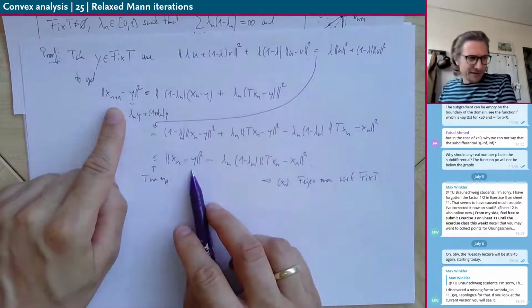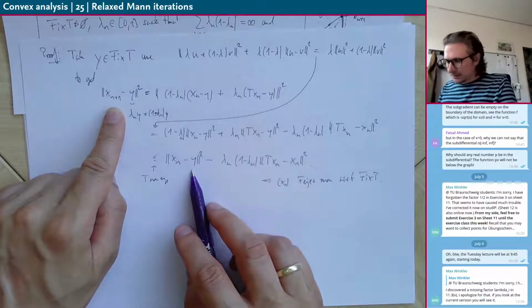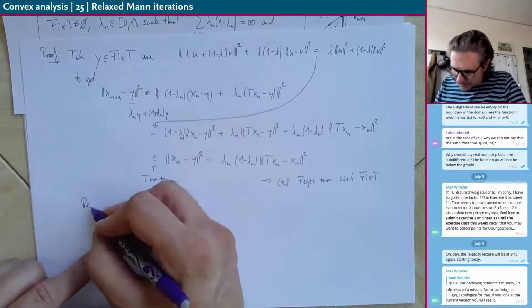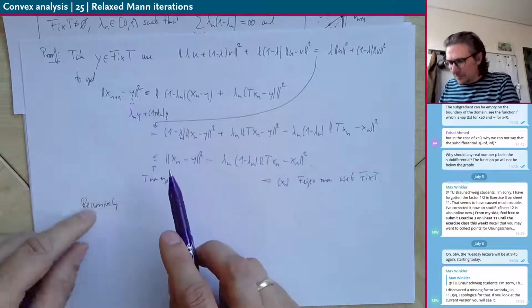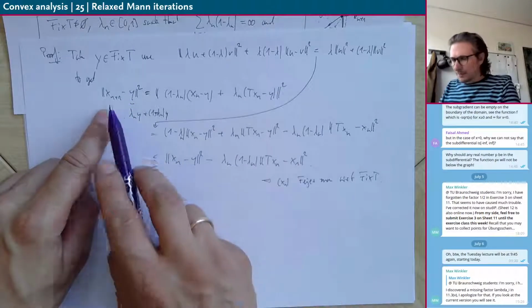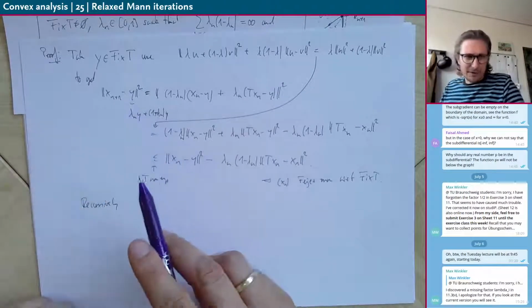If we apply this recursively, we move this here and then move our way back to x0, and in the end remove this xn plus 1 minus y.